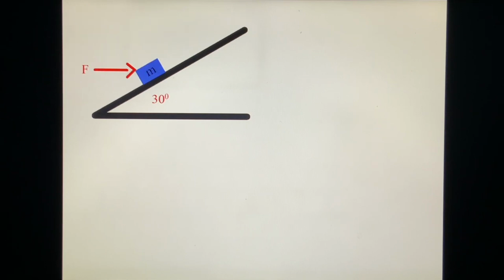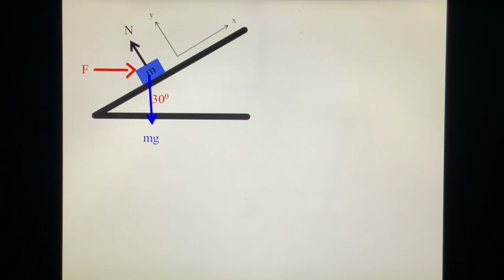Once you get this physics, we check how many forces act on this crate. First is the normal force from the ramp. Second, the gravitational force from the Earth, and the applied force F. So this crate moves up at constant speed under the three forces. The sum of these three forces must be 0.